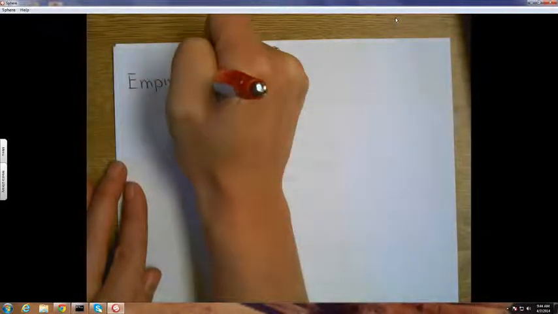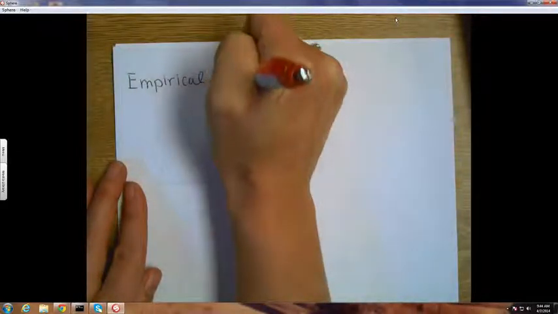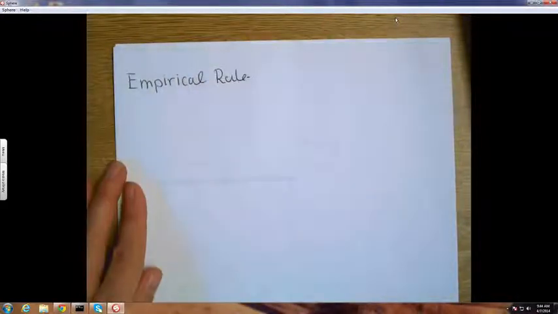The empirical rule. We had the empirical rule back in chapter 3, I believe. I never understood these.